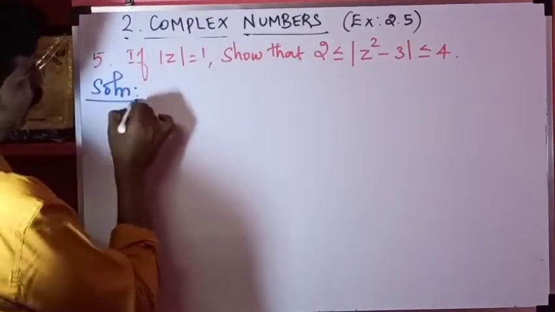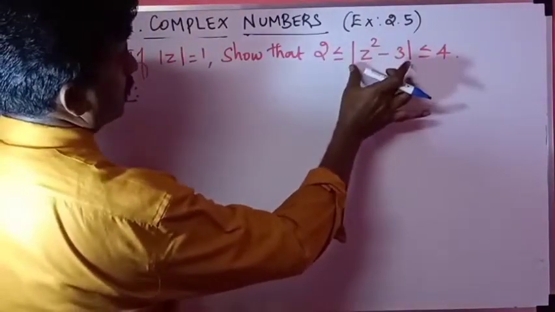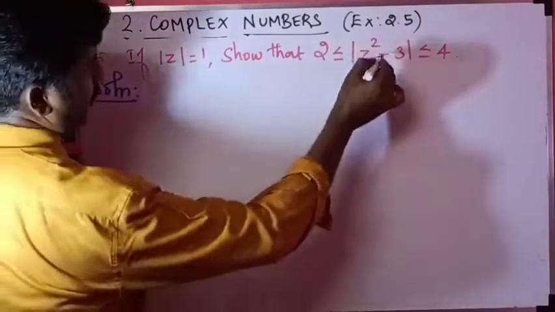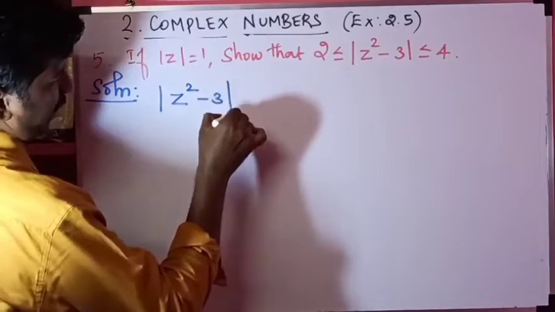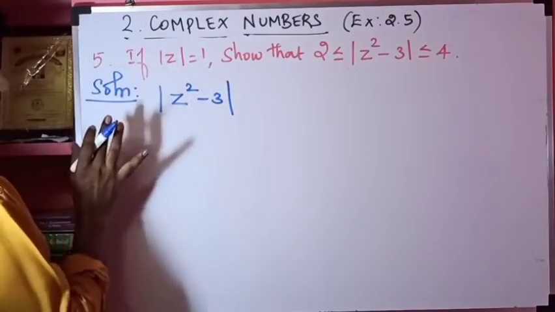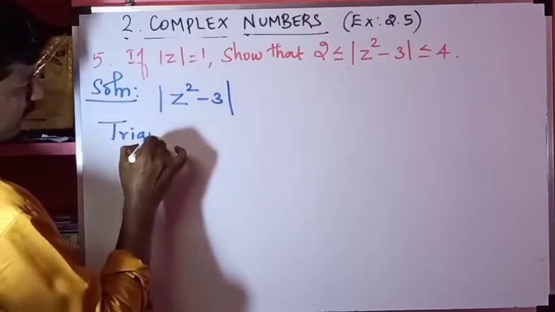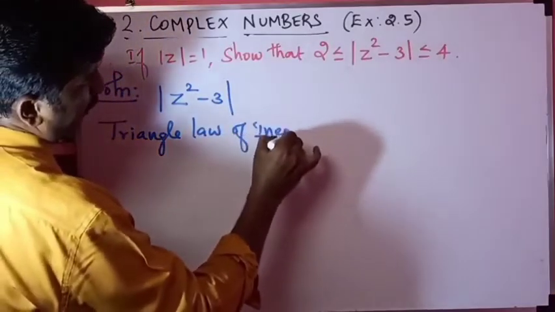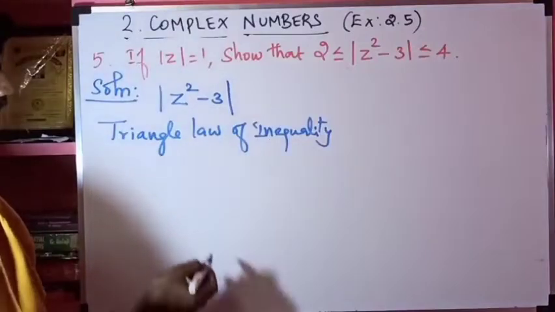The triangle inequality. So இப்போ நம்ம என்ன ப்ரூவ் பண்ணோம்? 2 less than or equal to modulus z square minus 3 less than or equal to 4, right? First இதை மட்டும் எடுத்துக்கிறேன் பாருங்க. The modulus z square minus 3. இப்போ the same fourth sum போட்ட மாதிரி தான் the triangle law of inequality property யூஸ் பண்ண போறோம். Now what is that?